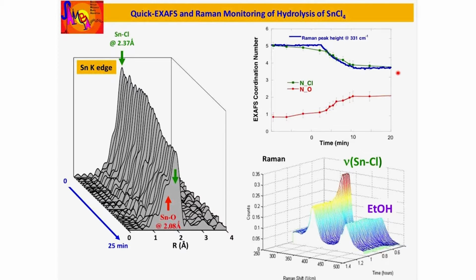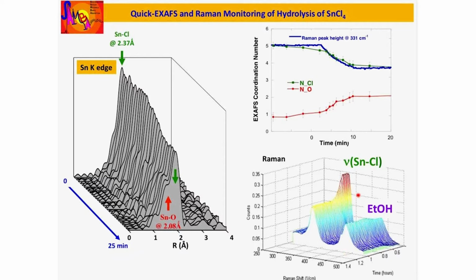Nevertheless, at this stage of this combination, we have only global information about the species involved during the addition of water and during the formation of nanoparticles, because we have only an idea of the number of chlorine atoms and of oxygen atoms surrounding the tin absorbing atoms, but we have no real identification of the species.